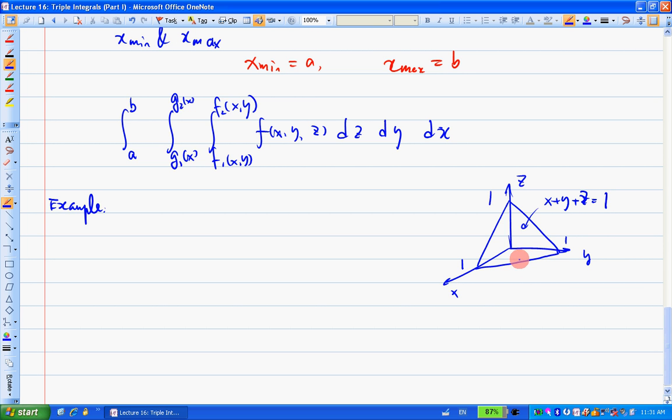The reason is very simple. If you look at the edges in the associated planes, the bottom line is x plus y equals 1, this one here is x plus z equals 1, and this one here is y plus z equals 1.